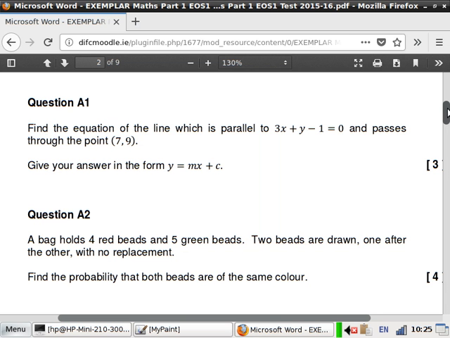There's 1 minute left. Half a minute, and then we'll have a look.